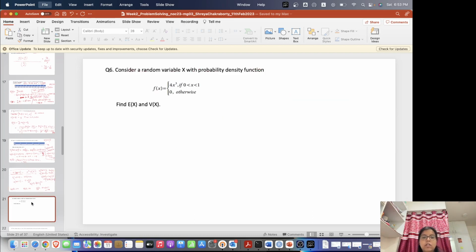So moving on, let's find this one. This is a continuous random variable with probability density function. One check if it is a density function is, we know the integral from minus infinity to infinity of fx should be 1 if fx is a density.